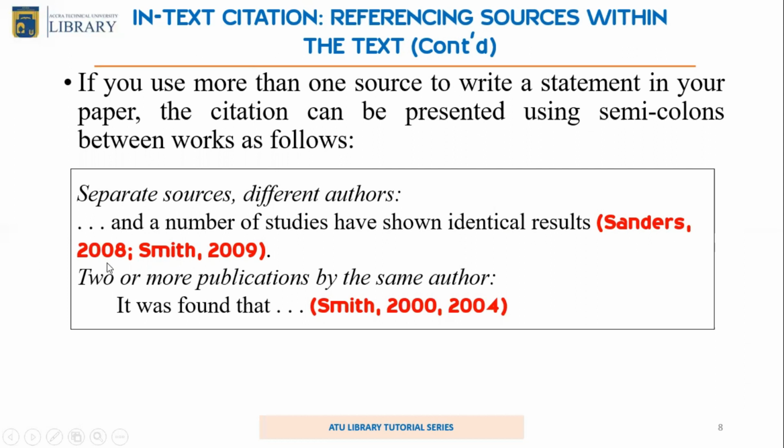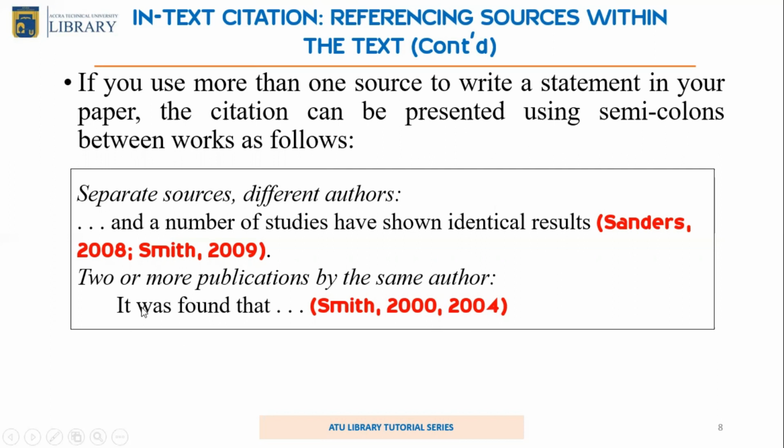So we have Sanders 2008. This is a semicolon. We have Smith 2009. Now, when you have 2 or more publications by the same author, that is how it should be presented. So we have Smith 2000 and the same Smith 2004.